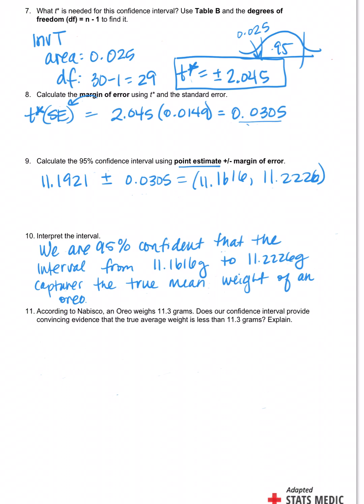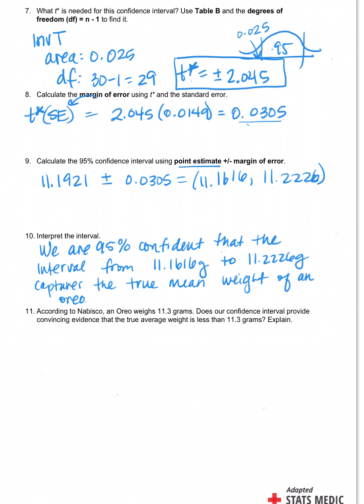All right. According to Nabisco, they advertise that an Oreo weighs 11.3 grams. Does our interval provide convincing evidence that the true average weight is 11.3? No. Why not? Yeah, that 11.3 is not even in our interval, is it? It's higher than the interval, right?